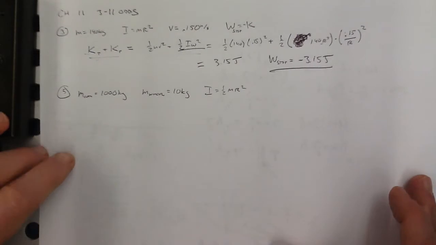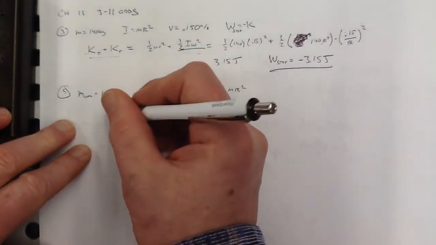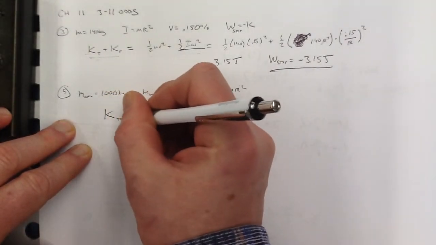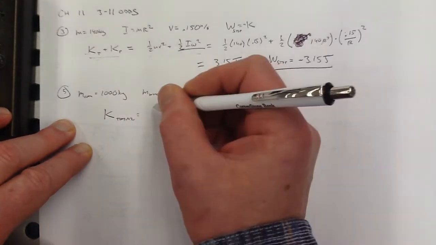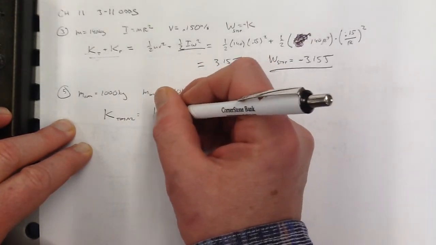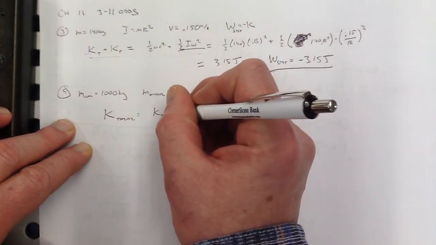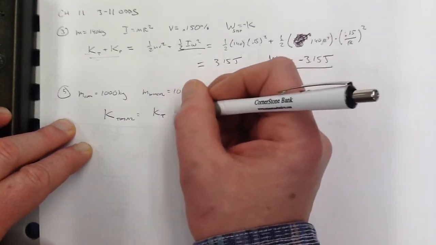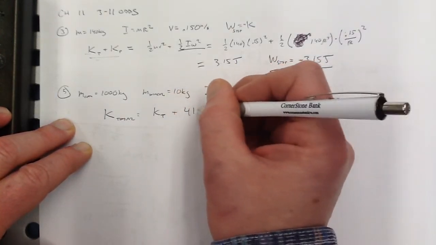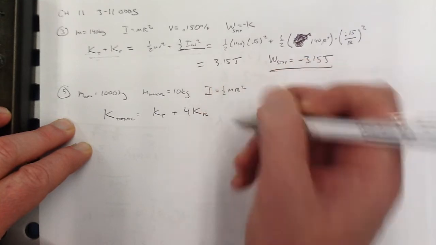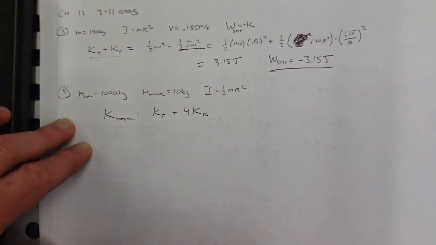So the total kinetic energy is equal to the translational kinetic energy of the car, the whole thing, plus 4 times the rotational kinetic energy of a wheel.